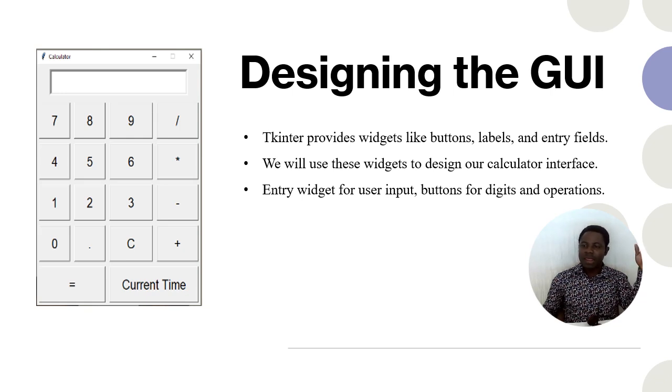The first thing is you have to understand that Tkinter is a very versatile application that provides us with widgets like button, label, and the entry field, which I already pre-designed here, but I will be showing you the step-by-step of how I get it done in the next slide. The entry widget helps us to input all the figures we need and the basic operation we need to perform.